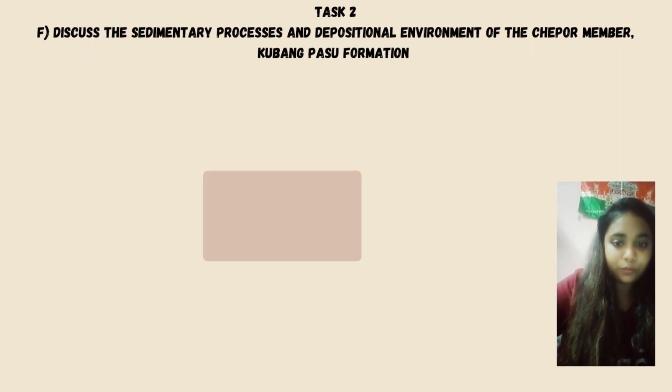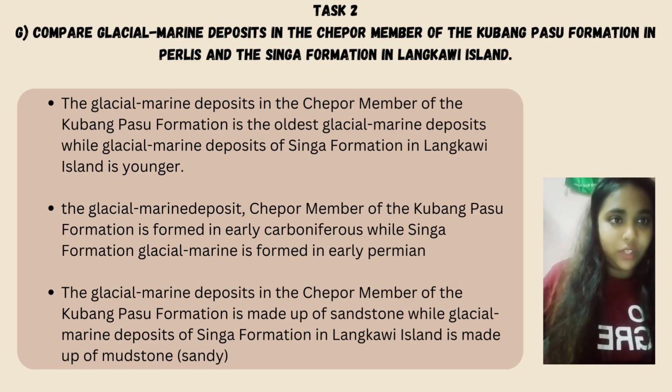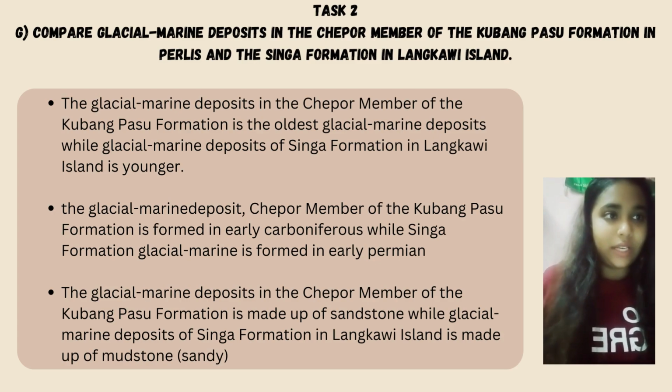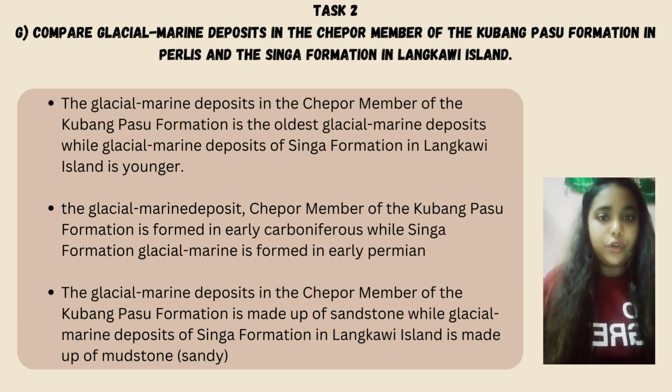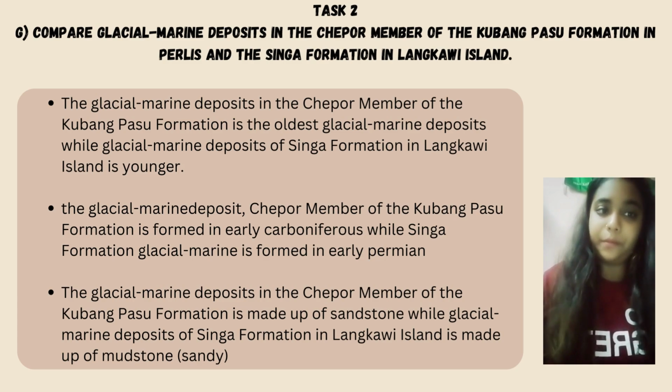Okay, the final question for task 2 is question G, which is to compare the glacial marine deposit in the Cepor Member of Kubang Pasu Formation in Perlis and the Singa Formation in Langkawi Highland. Basically, in the comparison, the Cepor Member of Kubang Pasu Formation is the older glacial marine, while the Singa Formation in Langkawi is a younger glacial marine.